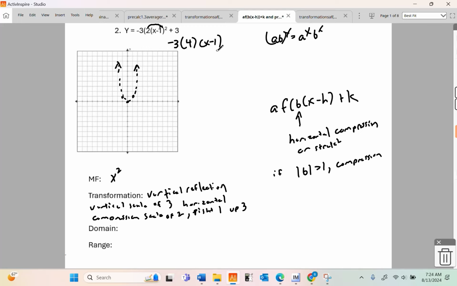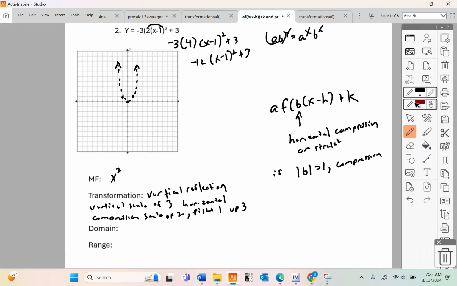Then I have (x minus 1) quantity squared plus 3. Now I can do a little multiplication here, and I get negative 12 times (x minus 1) quantity squared plus 3.